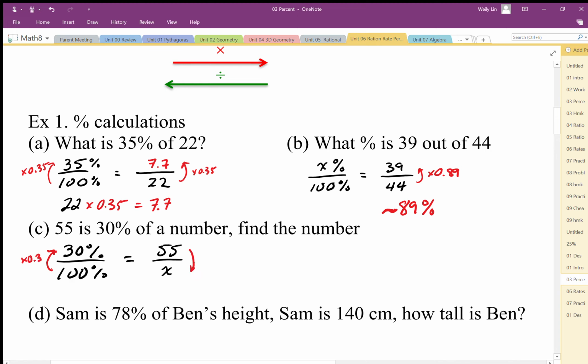And since we're going to go in the opposite direction, okay, so this is our bottom to top multiplier, we're going to go in the other direction, so we're going to end up dividing. So we end up with x equals, if I do 55 divided by 30%, I get approximately 183.3 repeating.